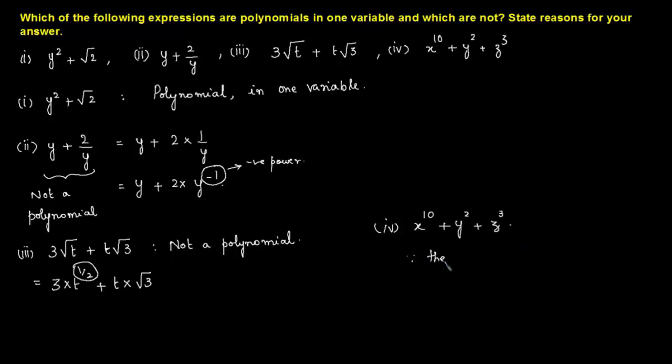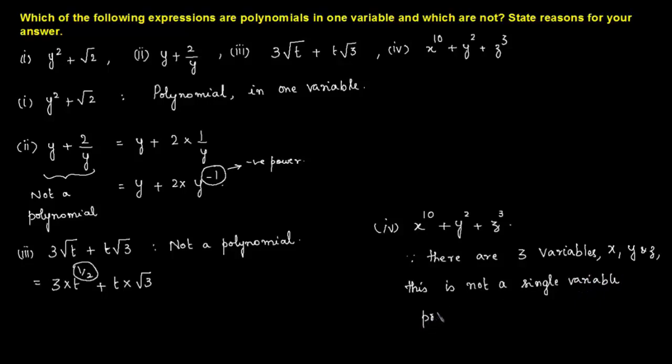So since there are 3 variables x, y and z, this is not a single variable polynomial. It's a polynomial, but it is not a polynomial in just one variable. It is a polynomial in 3 variables.